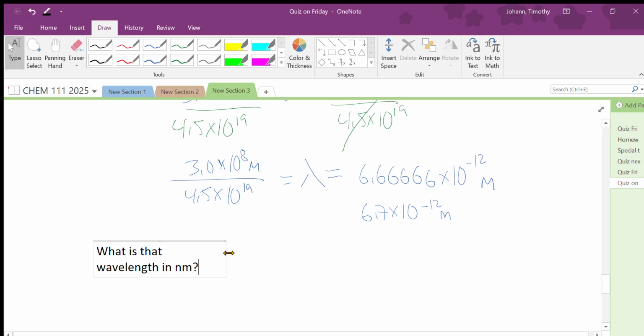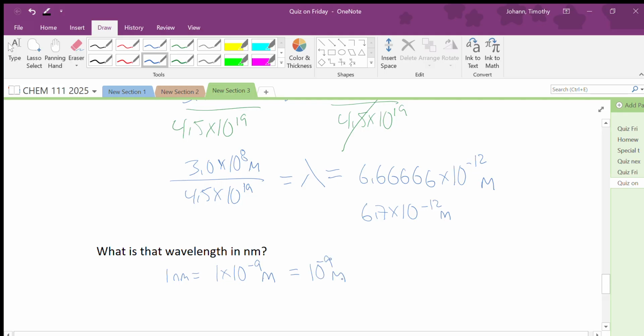All right, well, I will tell you for your metric conversions, and I will give you these. 1 nanometer is equal to 1 times 10 to the negative 9th meters, or 10 to the negative 9th meters. You guys see those are the same thing, right?